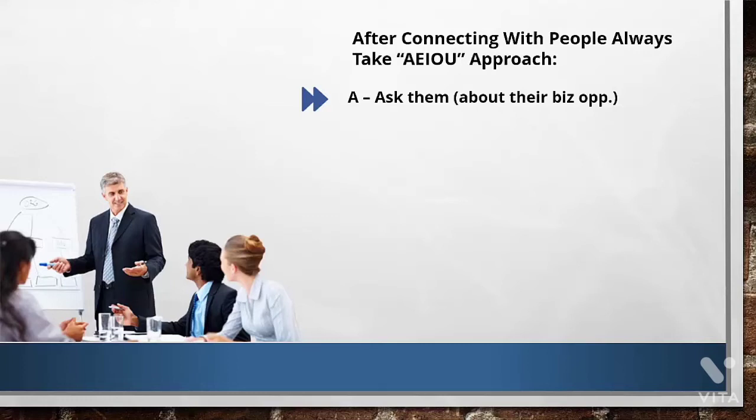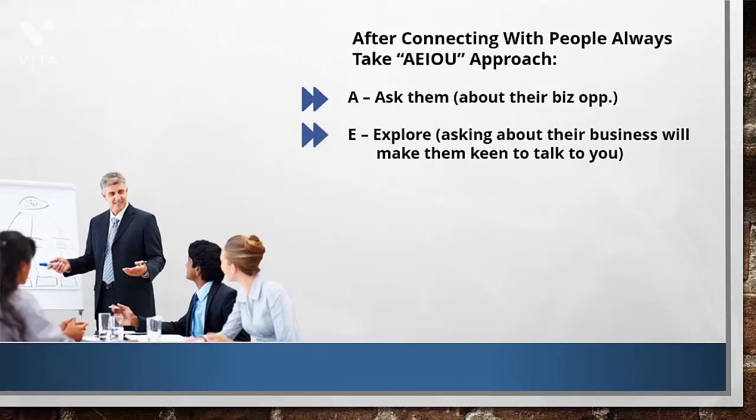Once you have connected with the person, always first use A, which is ask them. Ask them about their biz op and the type of business they are in. The moment you start the conversation asking about his or her business, obviously the person will feel much more connected with you. Everybody wants to talk about their business because that's what interests them. They are your targeted prospects.